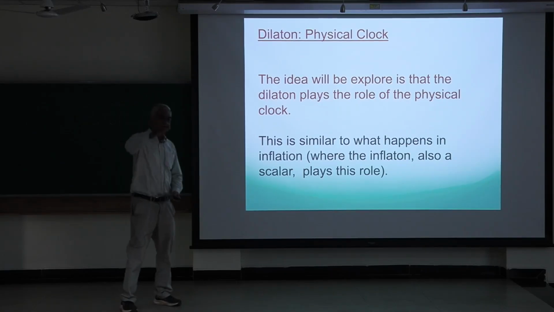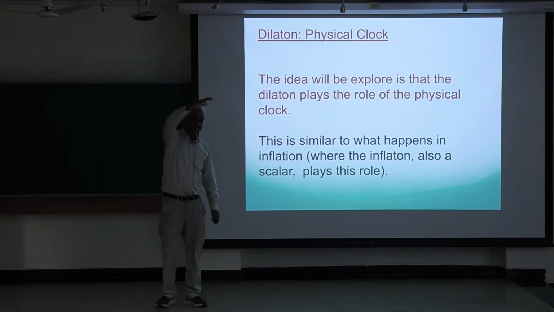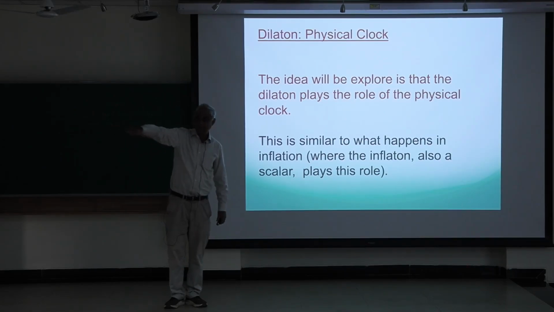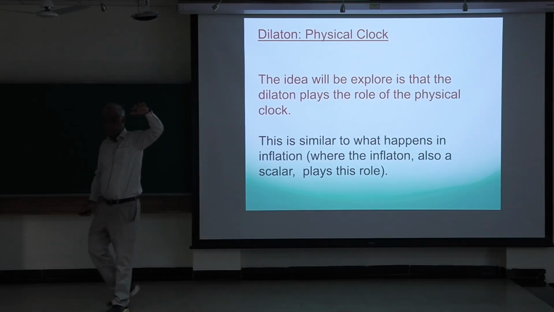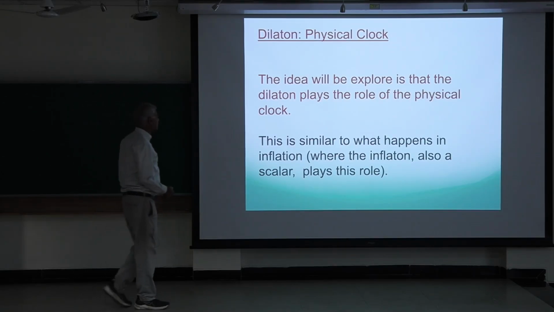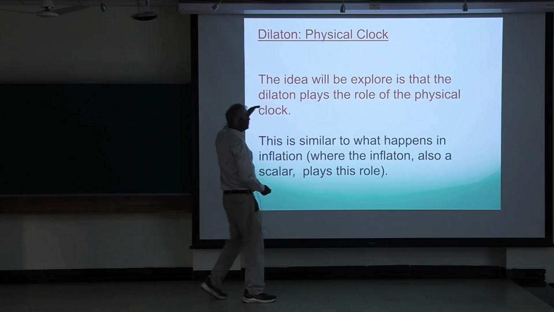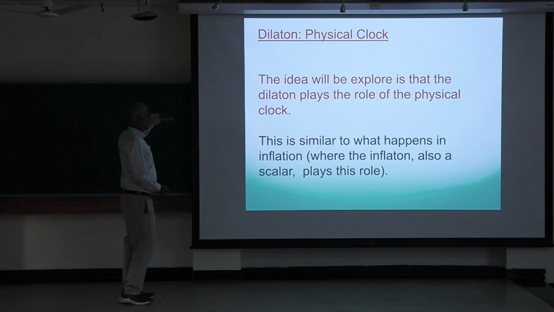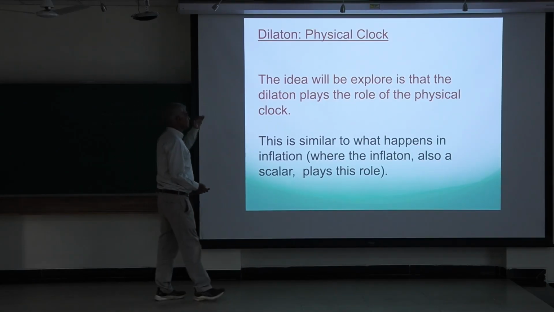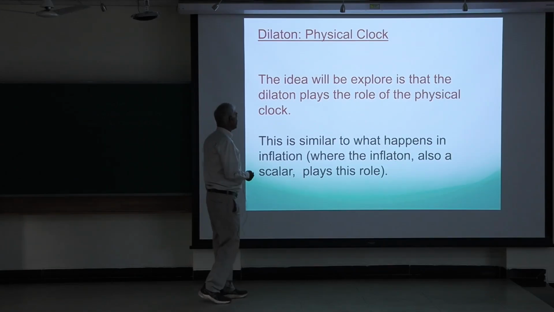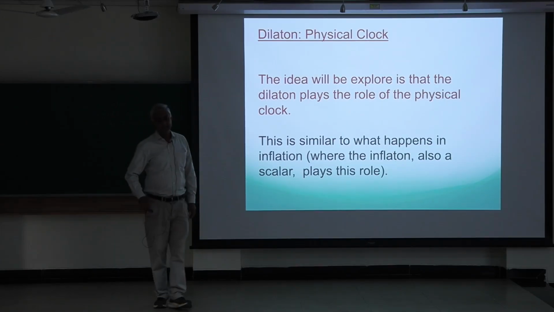And one way to think about how the perturbations are produced is to think about them at constant values of this inflaton, and then ask about what are the perturbations and so on. And when you think about it like that, you actually are taking instances of fixed value of the inflaton to be fixed instances of time. And here we'll do something similar with the dilaton.